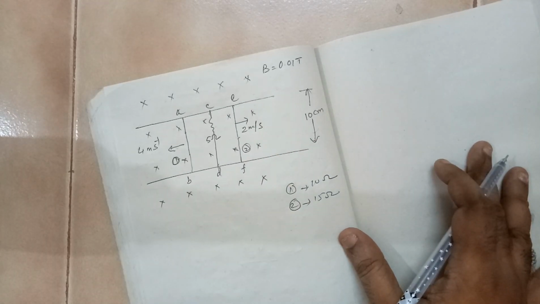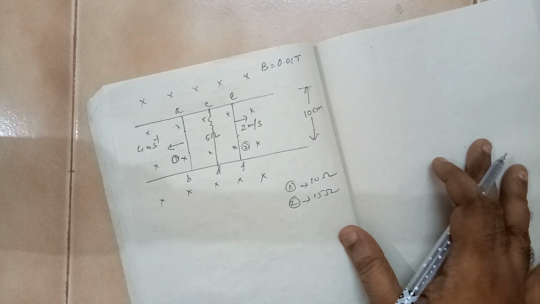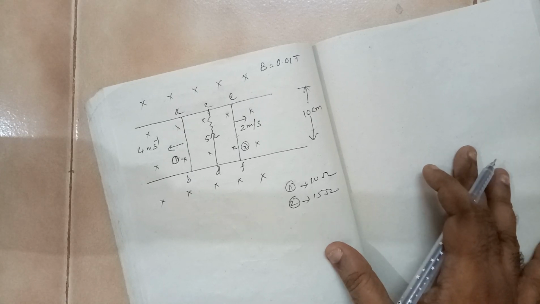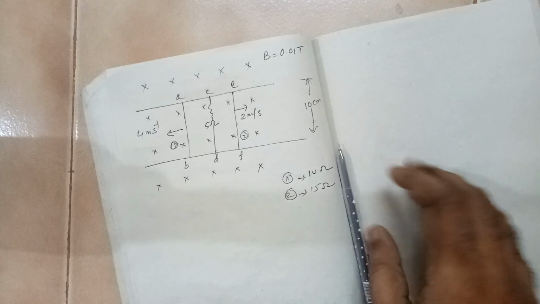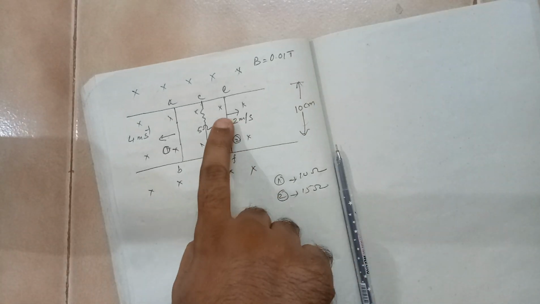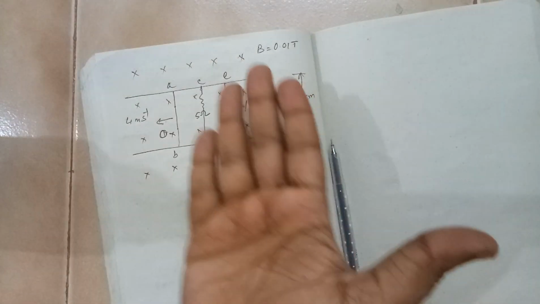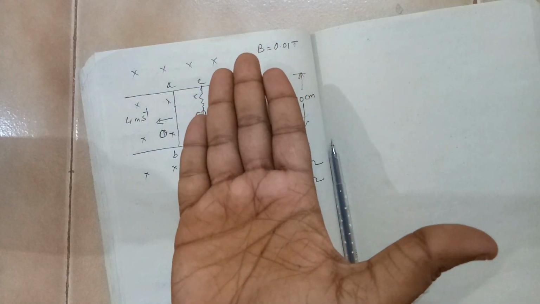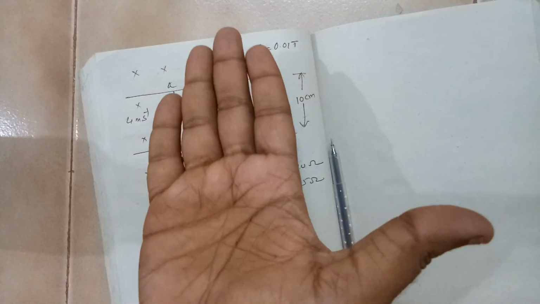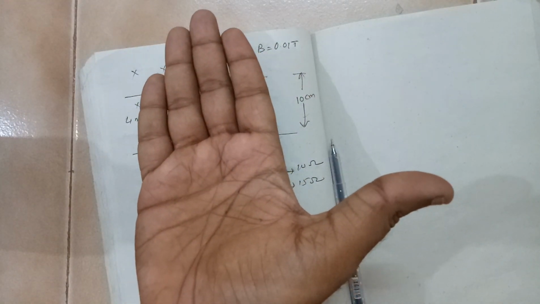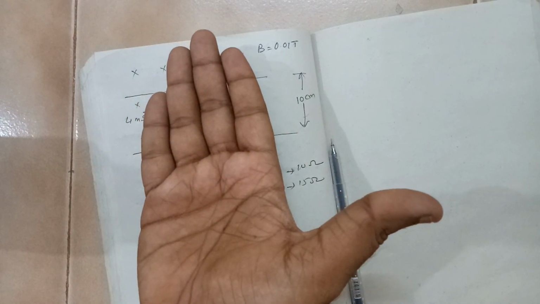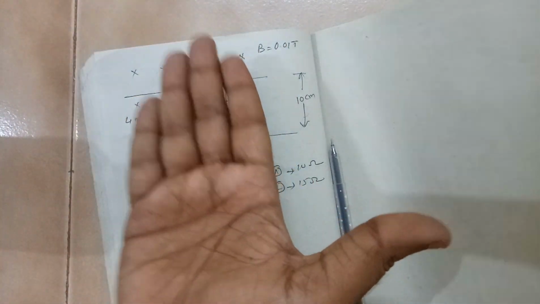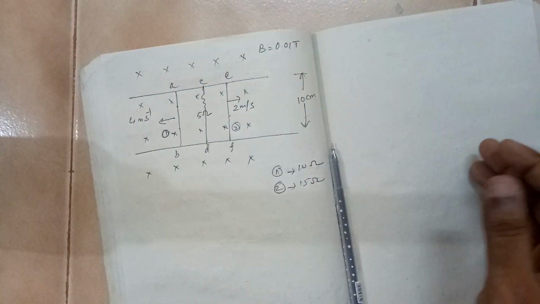As discussed in the previous videos, we can apply the right hand palm rule. See here, this velocity is in this direction and my fingers will be pointing into the page. So the thumb will be showing the direction of the velocity, and you can see the palm movement is in the upward direction.